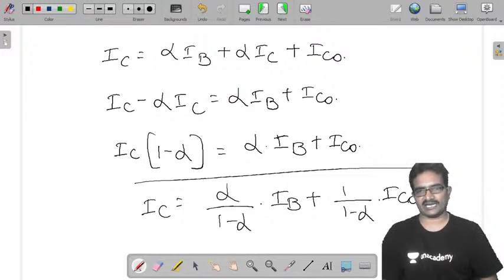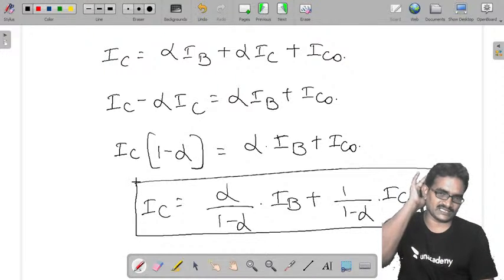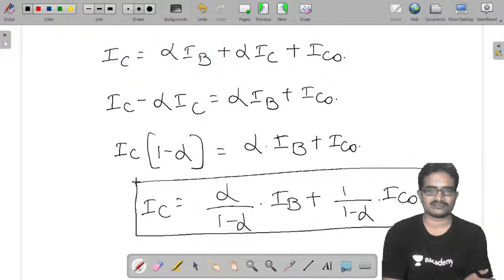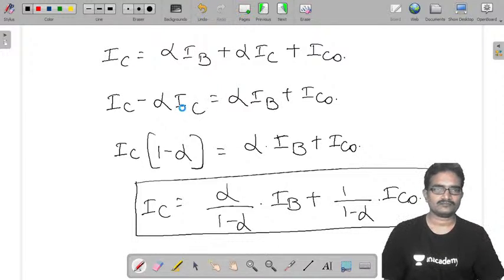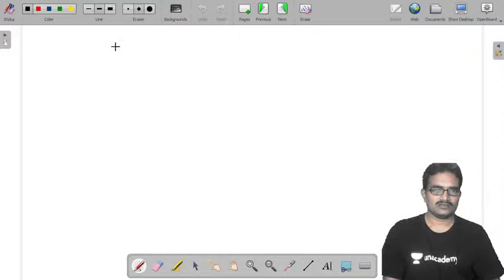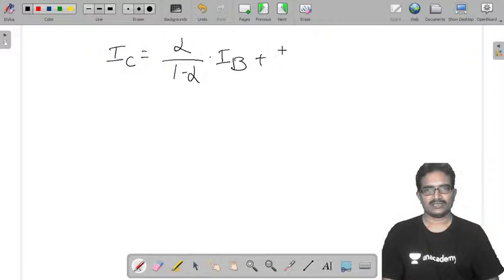This is another standard equation for output current equation of transistor in CE configuration. Now, I am defining another parameter here. So this is your IC we derived.